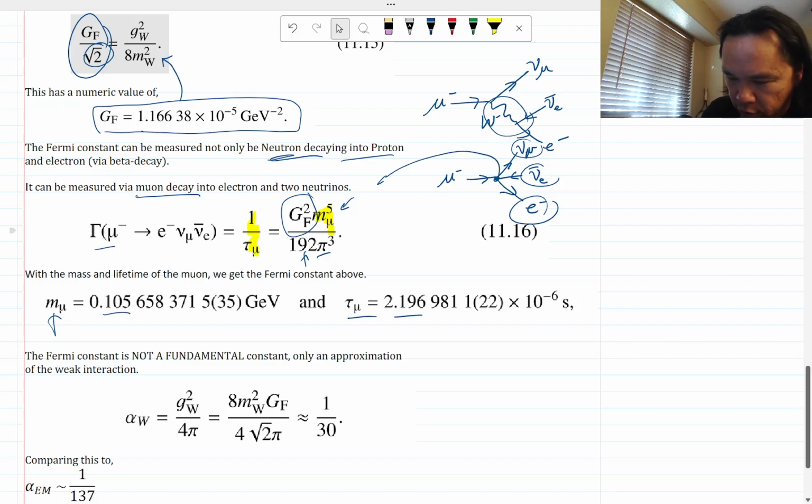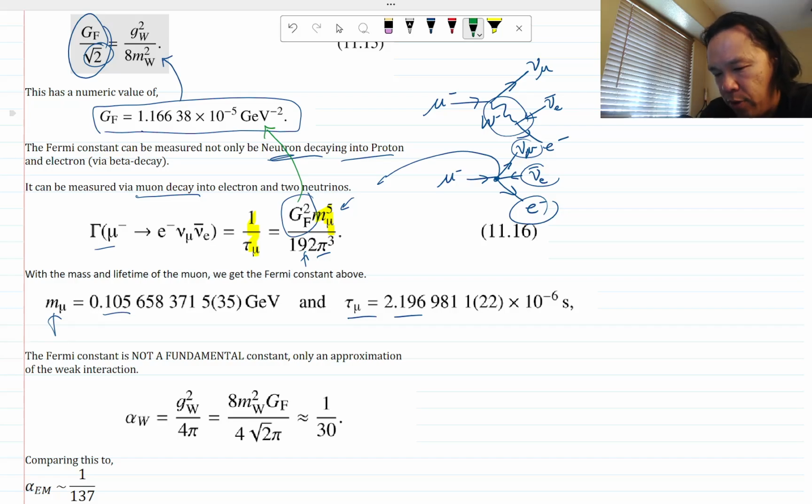So G Fermi is calculated to be about 1.17 times 10 to the negative 5, with units of inverse GeV squared.